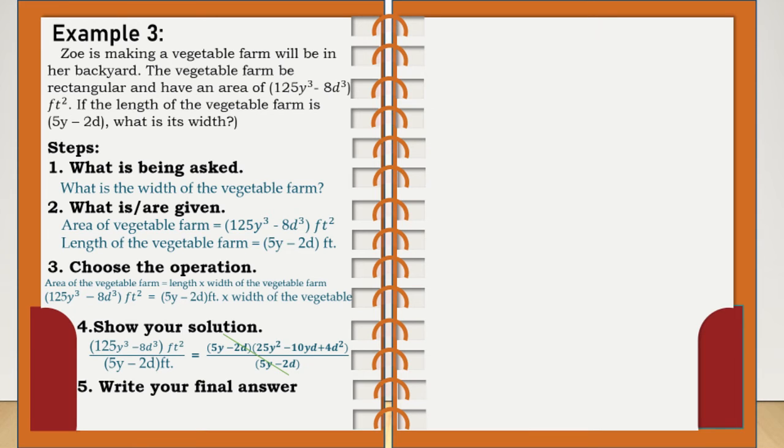Step 4, show your solution. Get the factored form of 125y cubed minus 8d cubed. So, we have the final answer. The width of the rectangular vegetable farm is 25y squared plus 10yd plus 4d squared feet.